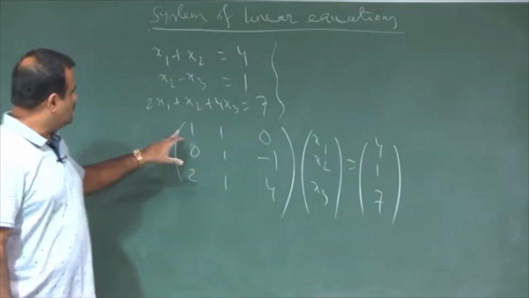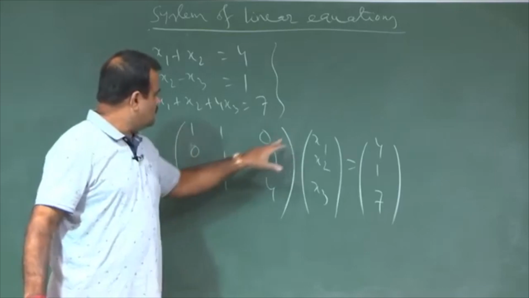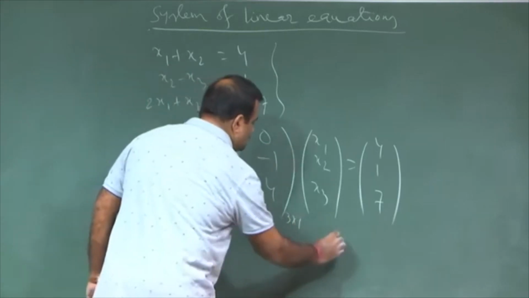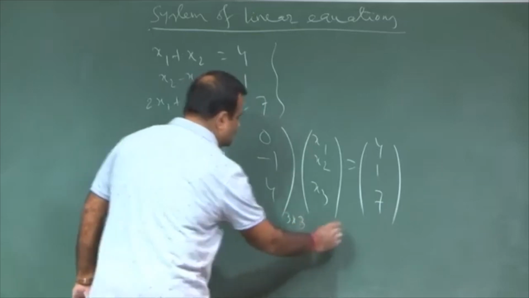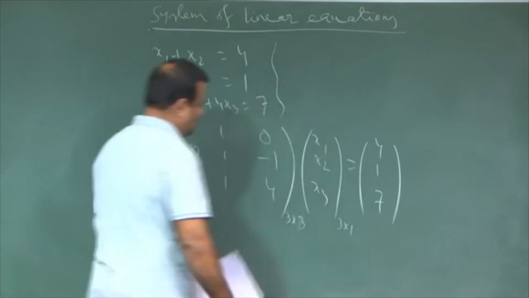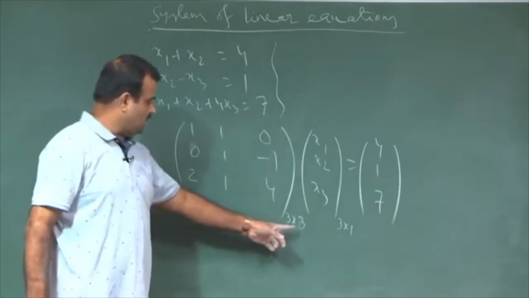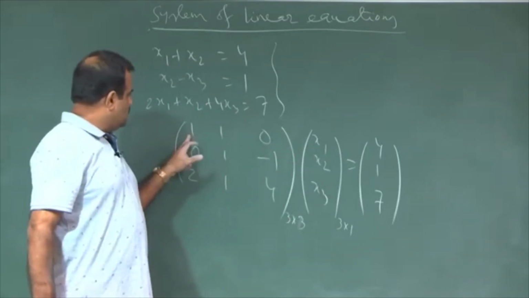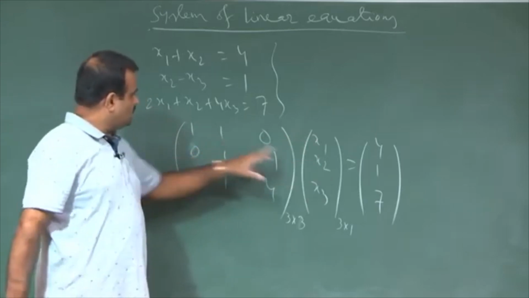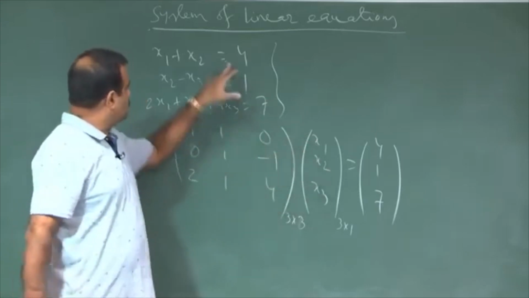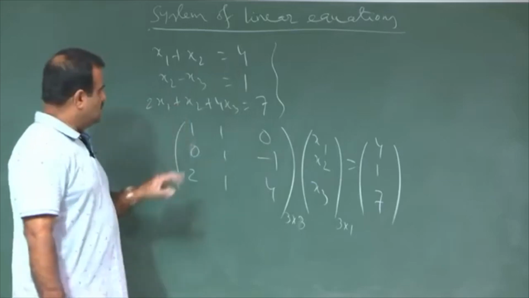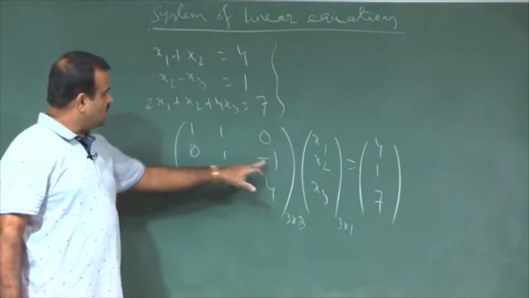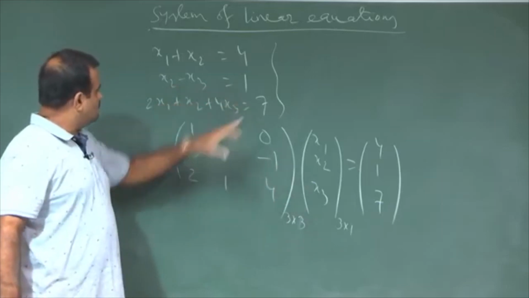If you take this, it is a 3 by 3 matrix times a 3 by 1 matrix, so the product gives us a 3 by 1 matrix, which is the same as the right side. What is the first row? x1 plus x2 is equal to 4, that is the first equation. Then the second one, x2 minus x3 equal to 1.